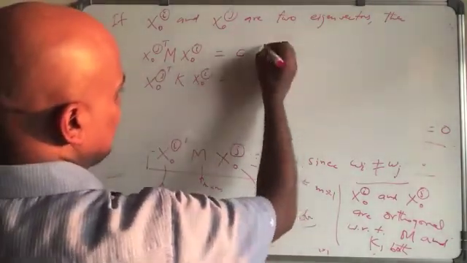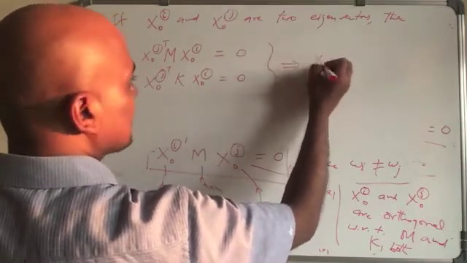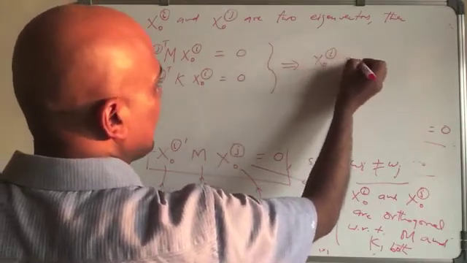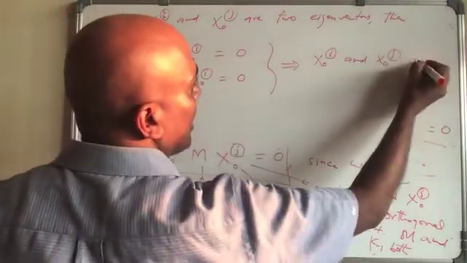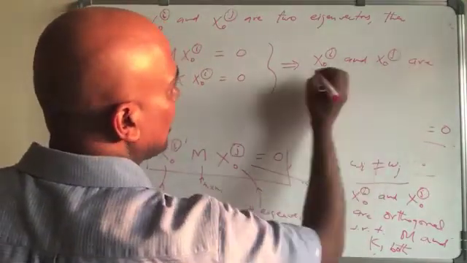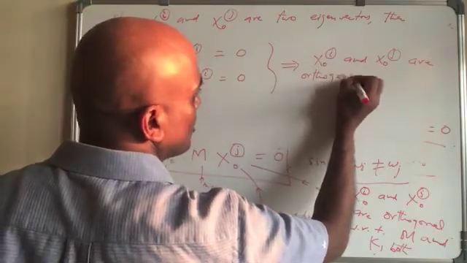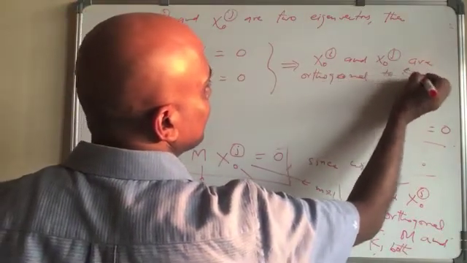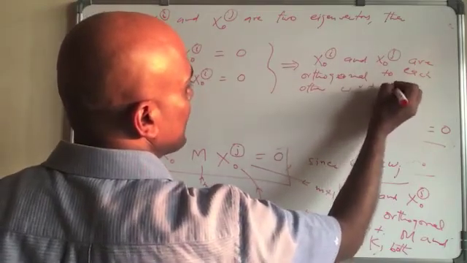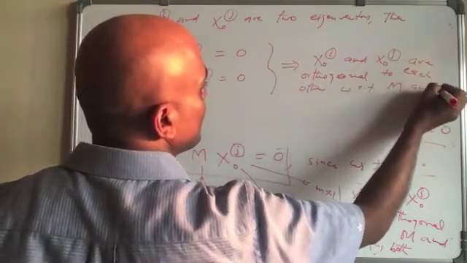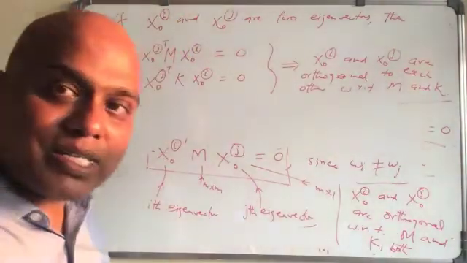Yeah, and hence this really means x_i and x_j are orthogonal to each other with respect to the mass matrix M and the stiffness matrix K.